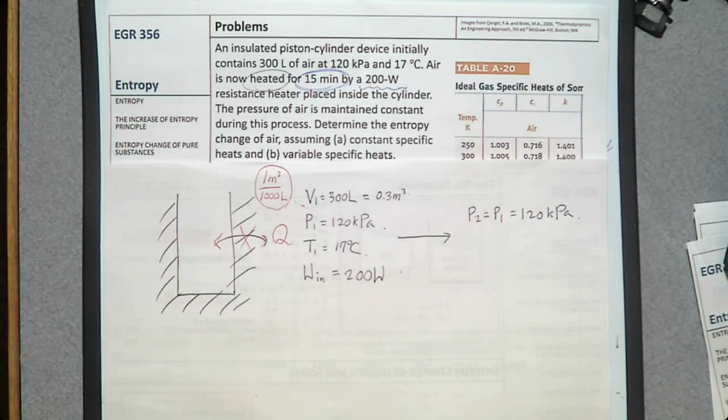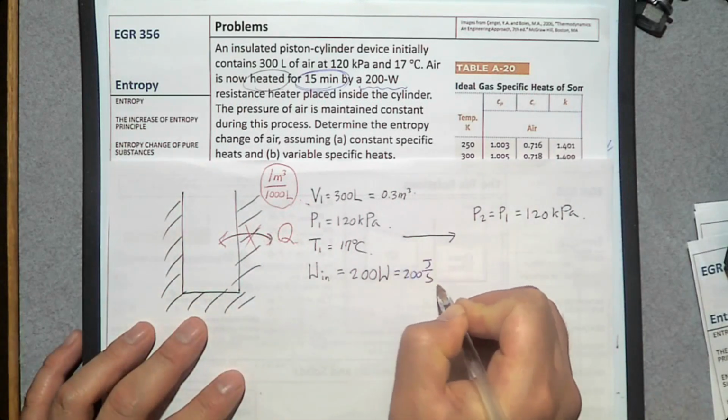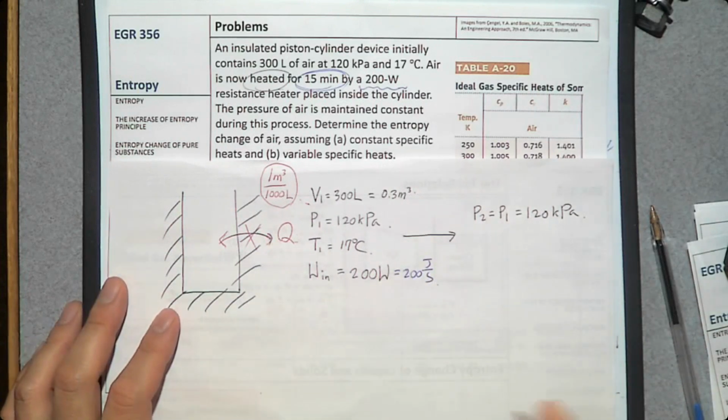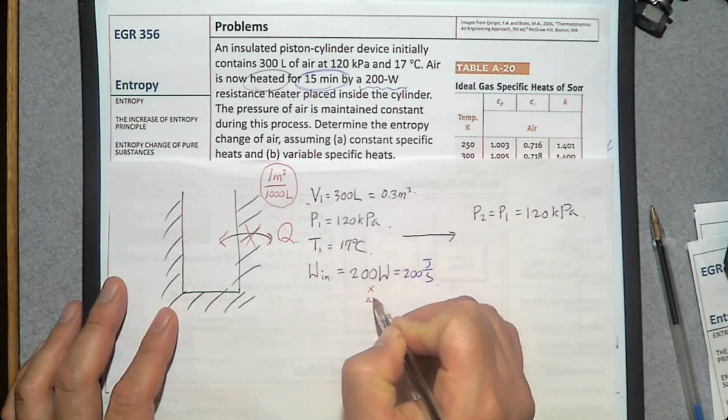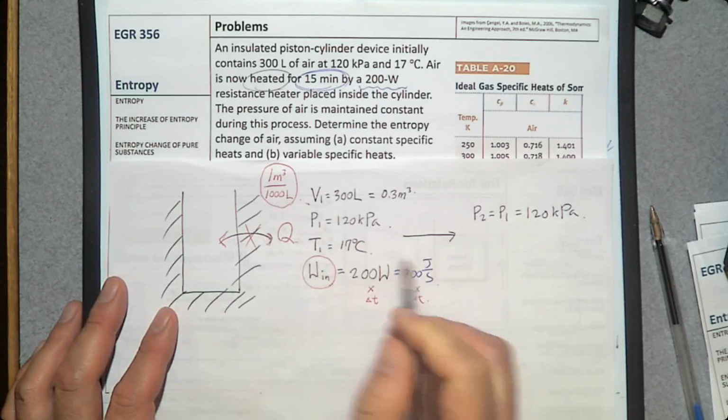The unit of energy. So 200 watts is Joule per second. If you want to determine the energy transfer by work, you need to multiply this by time delta t, and that will give you the energy transfer by work.